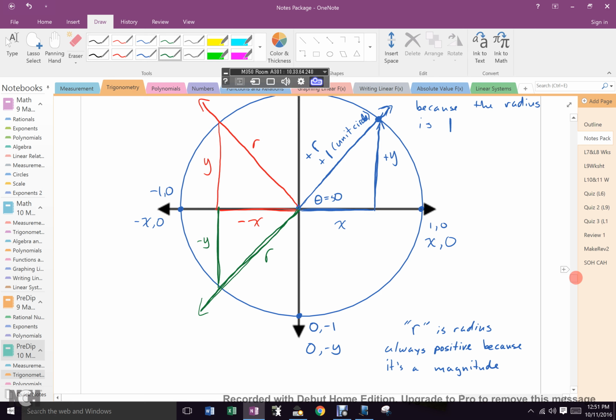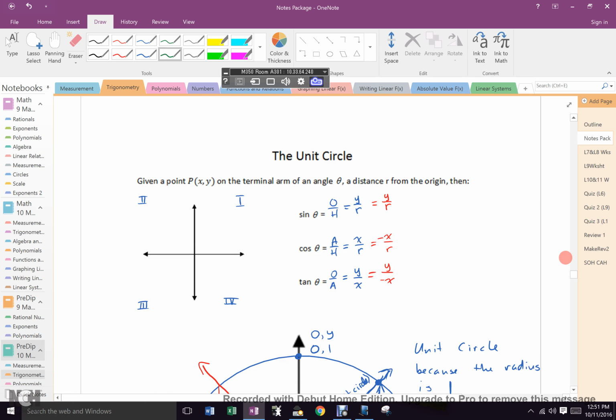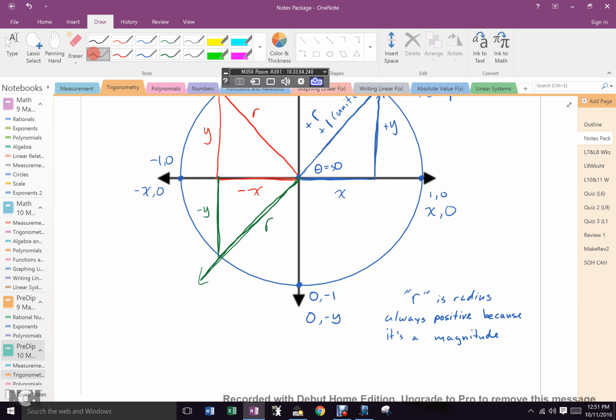R. So what then in quadrant 3 is sine? Negative y over r. What is cos? Negative x over r. What is tan? Negative y over negative x, which makes a positive.